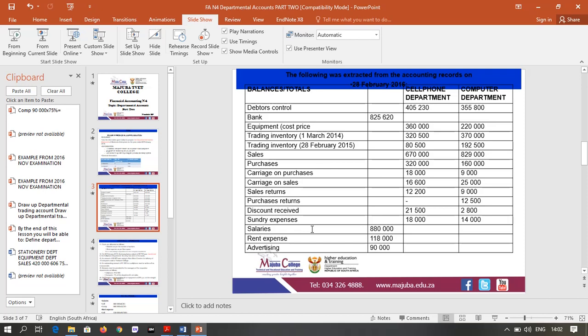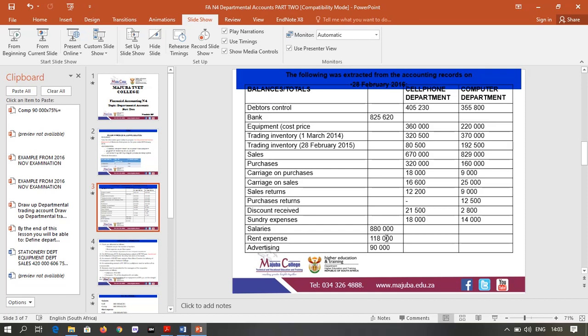We've got salaries, which is 880,000, rent expense is 118,000, and advertisement. These three are accounts that are not separated. We're not sure which falls under the cell phone department and which falls under the computer department.